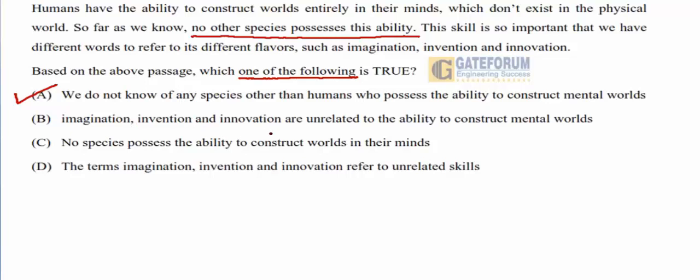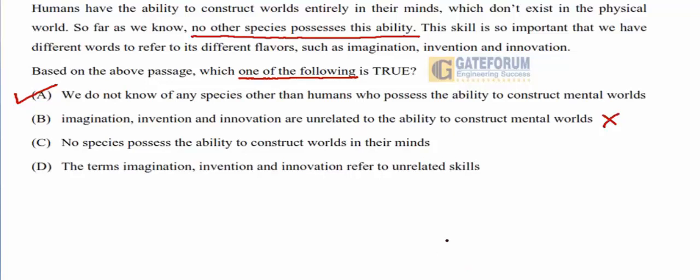Imagination, invention, and innovation are unrelated to the ability to construct mental world. Clearly it has been said that the ability is a skill. This skill has been given different names: imagination, invention, and innovation. So the simple thing that they're unrelated is absolutely false.